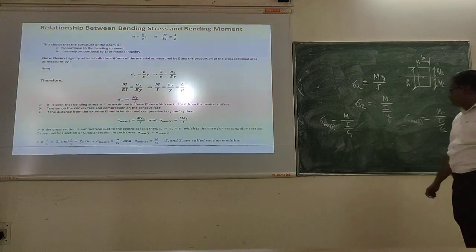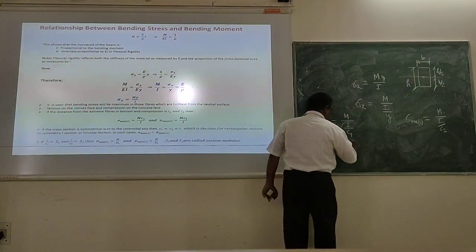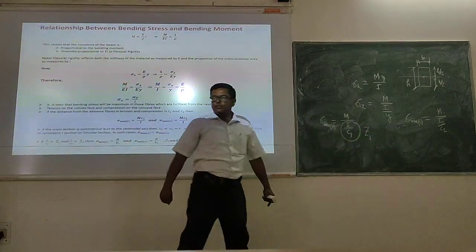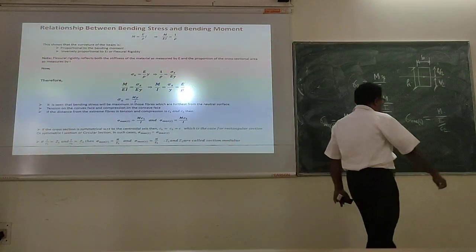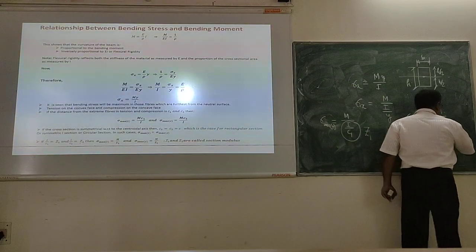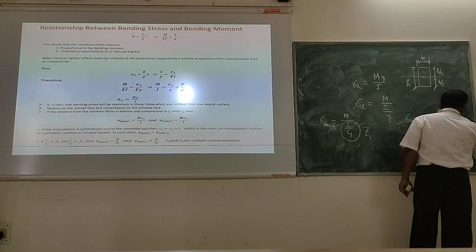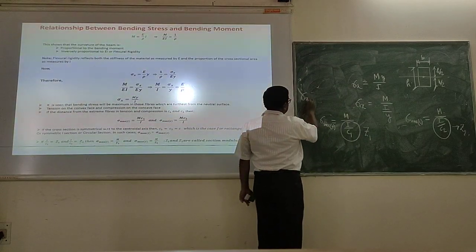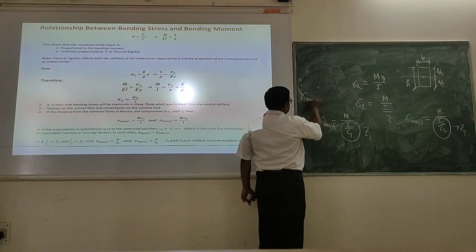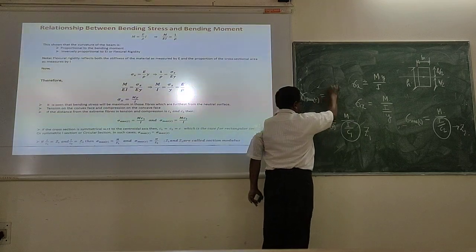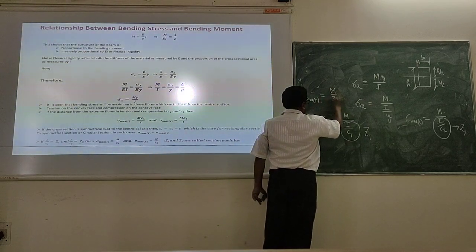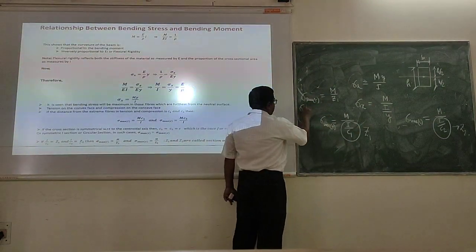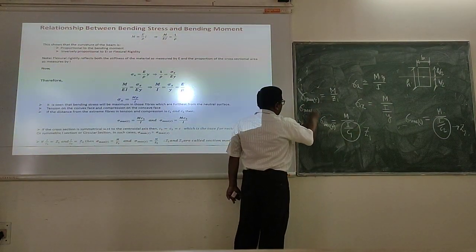Correct? Now if I denote this I by C1 as a term called Z1, and this I by C2 as Z2, then what will my sigma max tension be? I can write it as M by Z1. And what will my sigma max compression be?